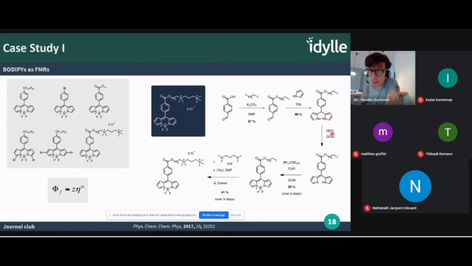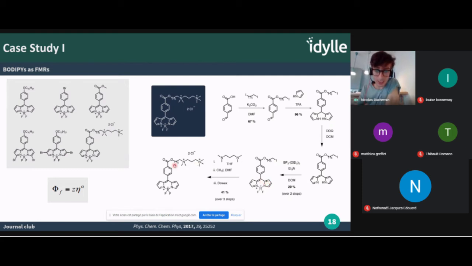You have an oxidation here that will form this double bond, and you will form the BODIPY core using boron trifluoride etherate, which will instantly have the effect of making this compound very fluorescent. So it's actually kind of the nicest part of the synthesis, because your compound becomes very fluorescent right away.